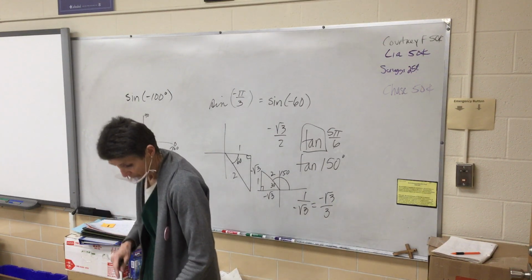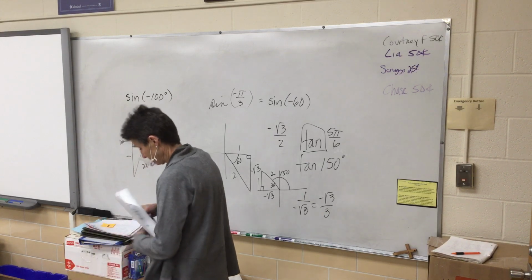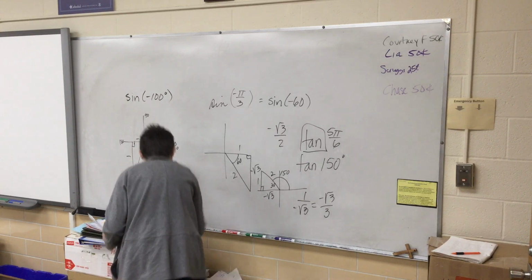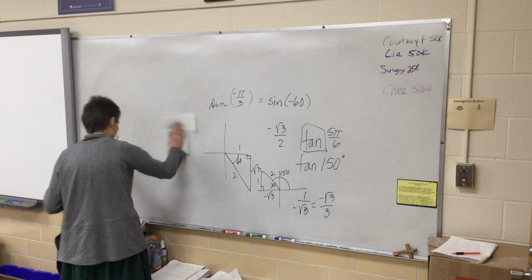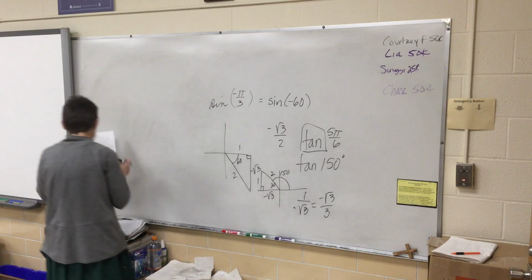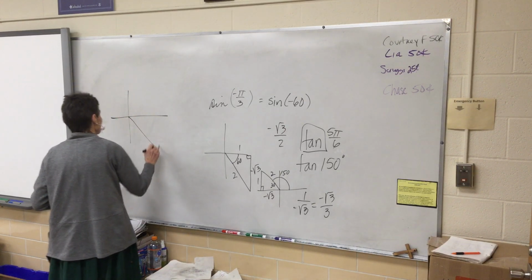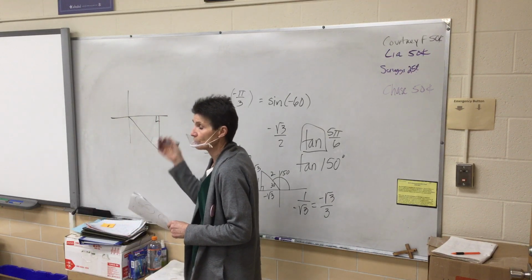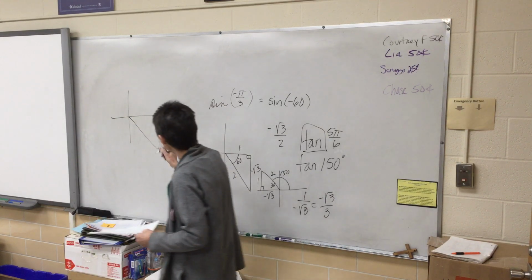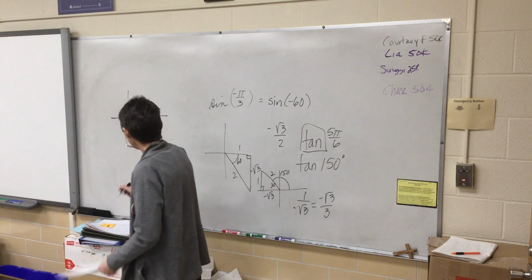One heart, question 5 says if the cosine is 3/5 and we're in quadrant 4, so they tell you you're in quadrant 4, you're going to draw the triangle in quadrant 4, and the cosine is 3/5, you're finding the tangent.